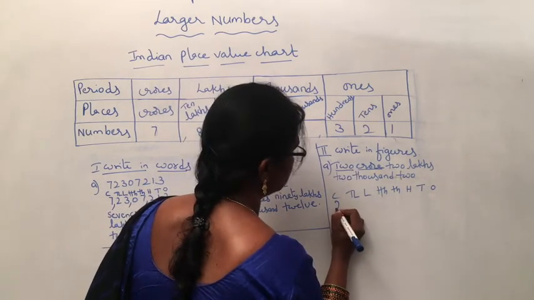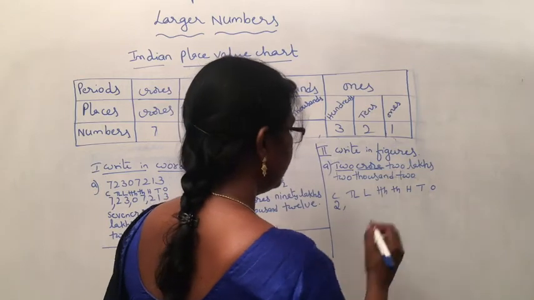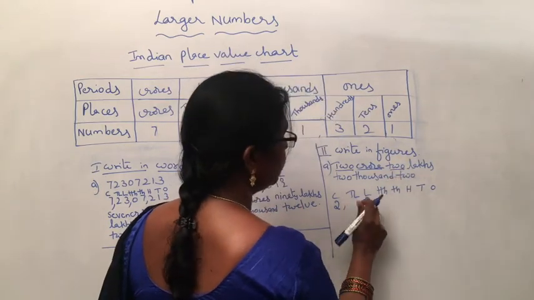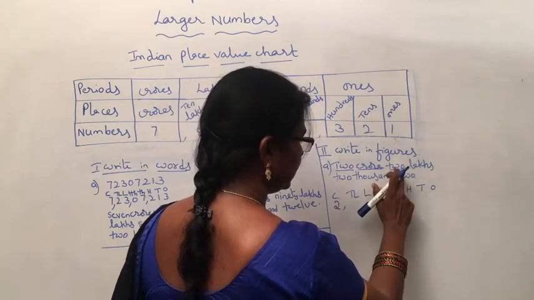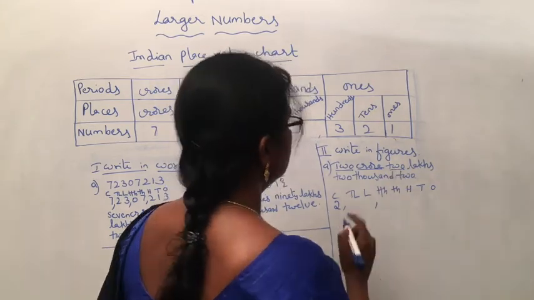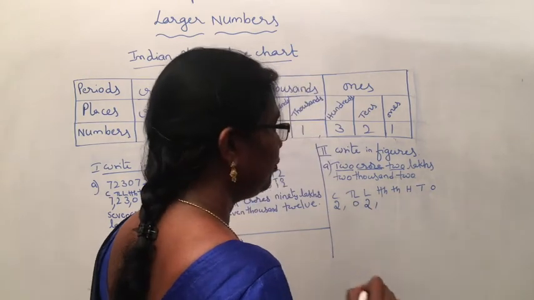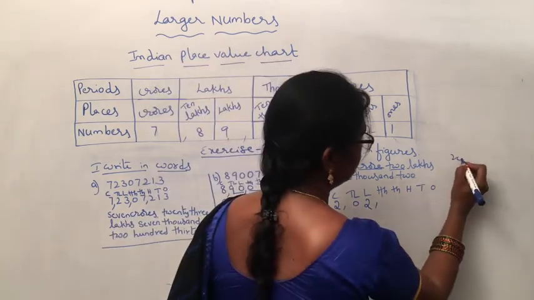Then you have to write 2 crores. Next, how many lakhs are there? 2 lakhs. Here in the lakhs period we have 2 places, but the number has only one digit. Then how to write? 02. 2 lakhs means 02. If you write 20, it will become 20.